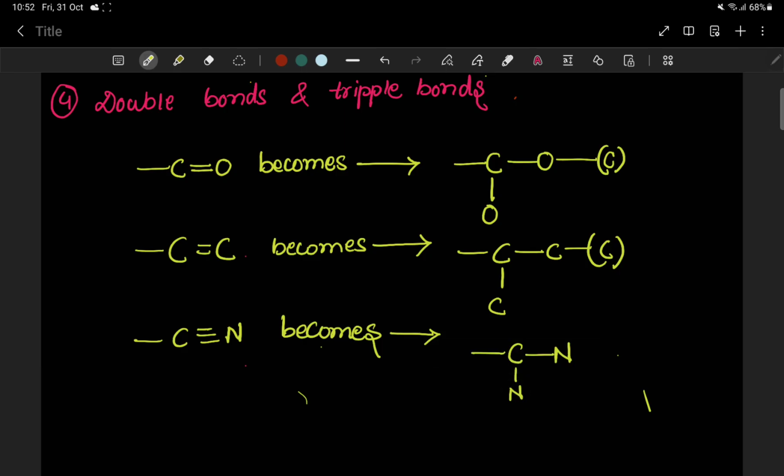As I attach one nitrogen, I will have to add one carbon to it as well. I have added this one carbon. But I have another bond left to break, so here I will add another nitrogen, and once I add another nitrogen, I will have to add another carbon as well. So these are the two extra carbons that I am adding over here. So this is how you deal with double bonds and triple bonds.